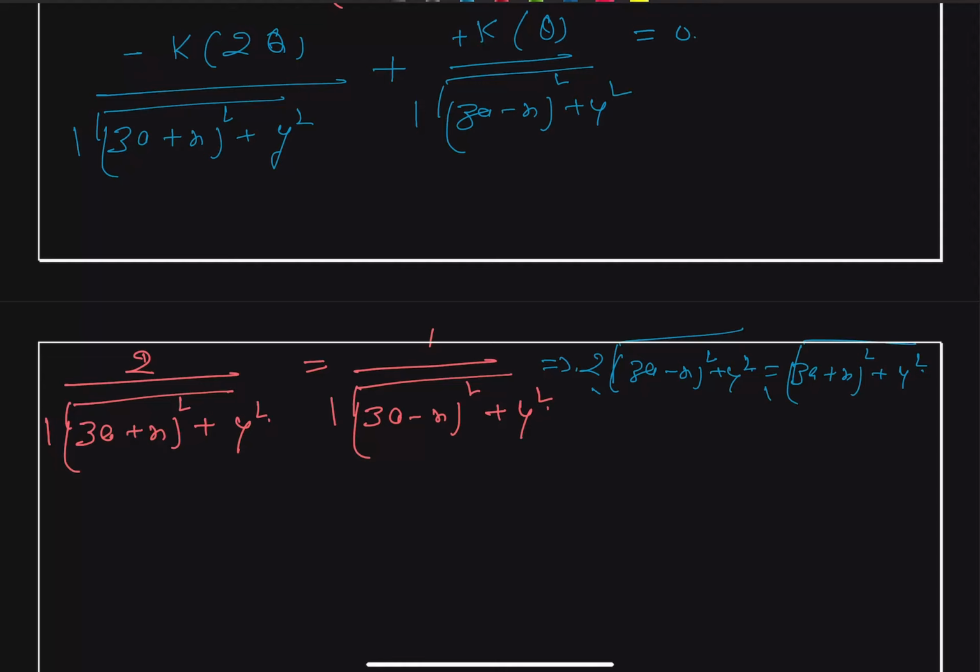Now we can just simply square them. So we get from here that our 4 will be equal to (3a minus x) whole square plus y square is equal to (3a plus x) whole square plus y square. And this is now quite simple.